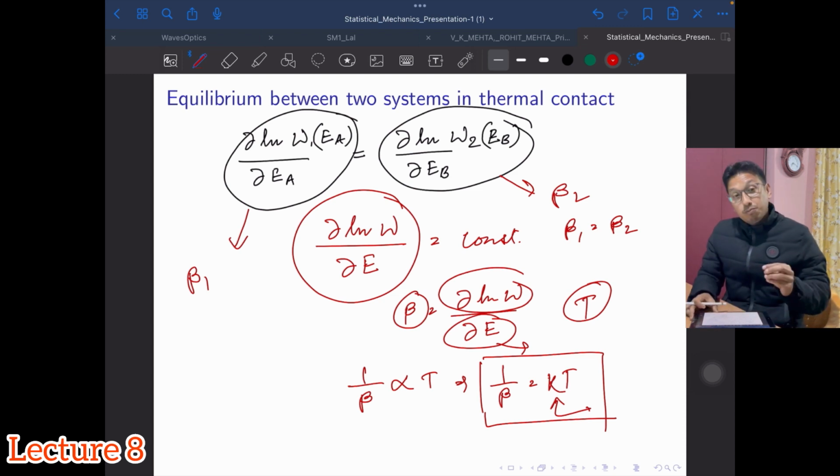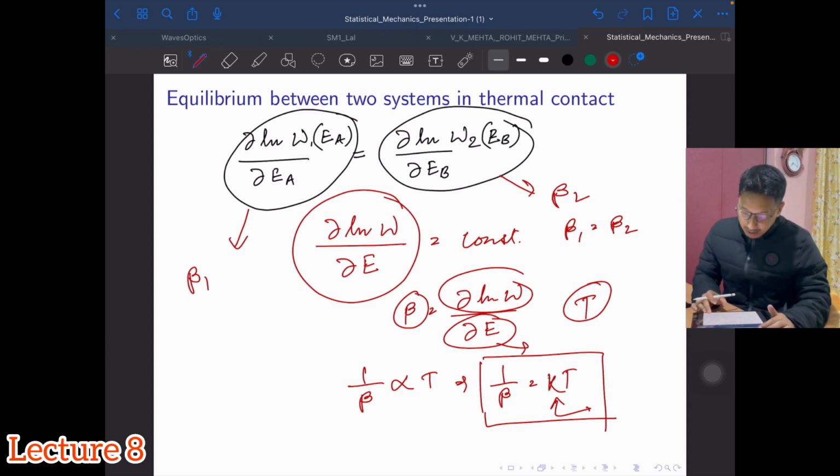That's why Boltzmann gave the idea that there has to be a relationship between the thermodynamic probability, or the most probable state from the statistical point of view, and the entropy. This we will see in the next slide or next video.